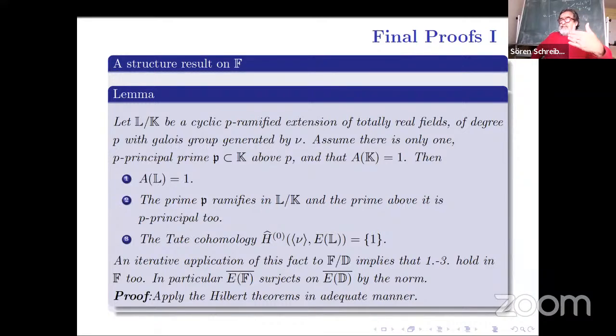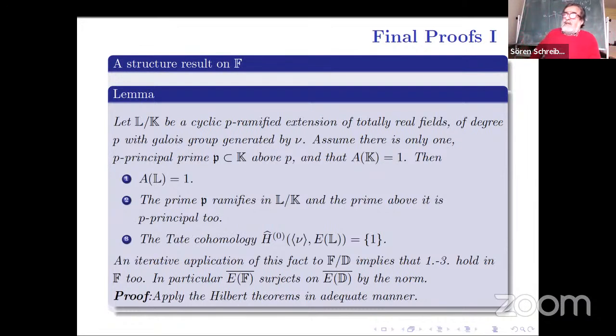Then these properties are inherited, namely A of L is 1, the prime P ramifies totally in L over K, and the prime above it is again p-principal. In fact, I proved that it is principal, but the p parts are interesting for our work. And the Tate cohomology H0 of E_L is 1. That means that the units of L surject on the units of K, which is very nice. Surject on the p part always.